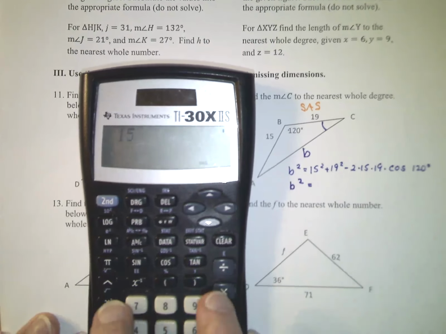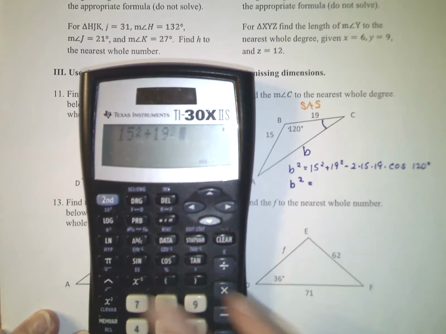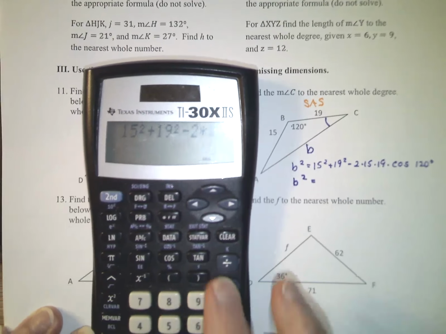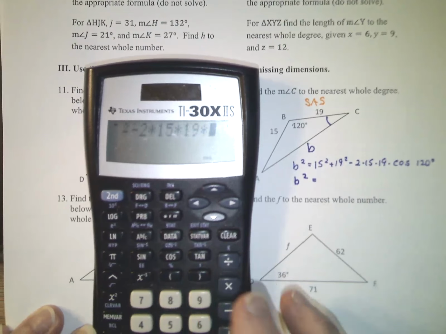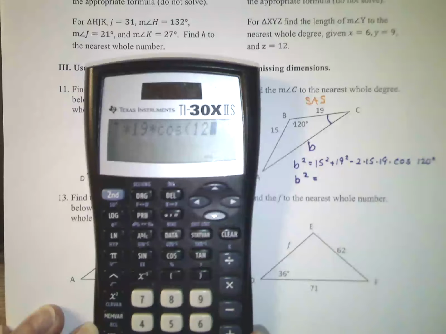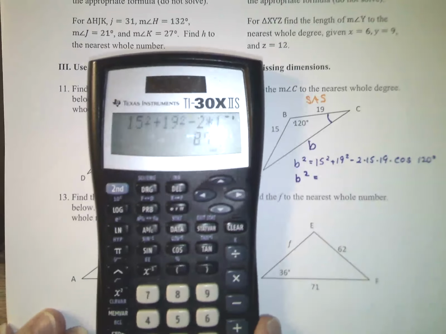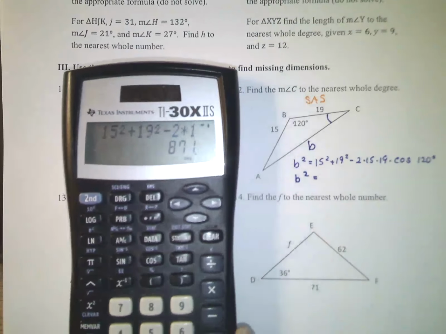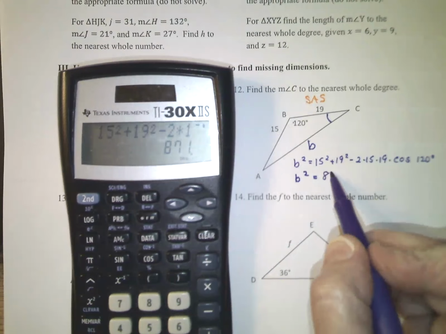Try 15 squared plus the 19 squared minus 2 times the 15 times the 19 times the cosine of 120 degrees. And we get 871. That's what B squared is worth, is 871.